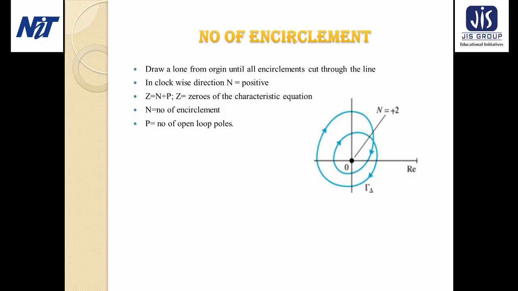So first we need to identify whether a point is enclosed by the contour or not, and after it is enclosed, we need to find out the number of encirclements of the point.